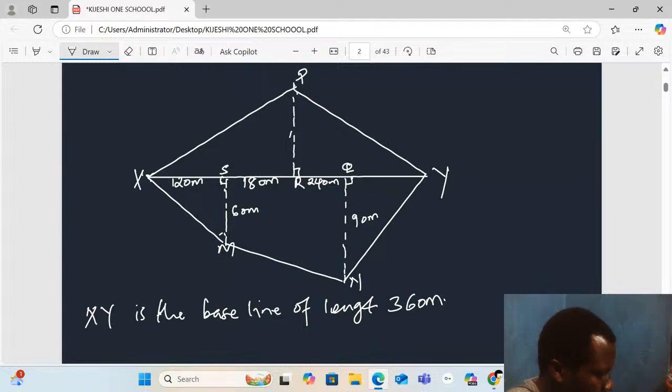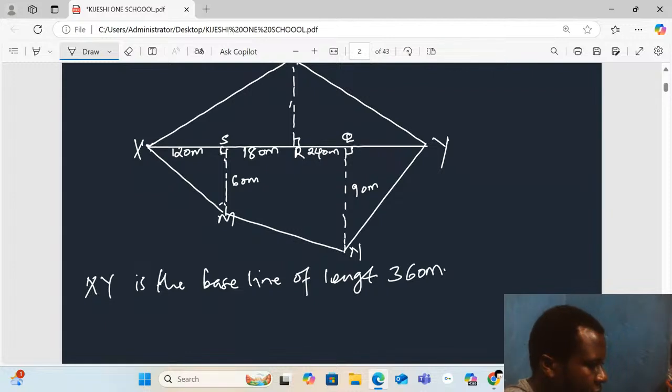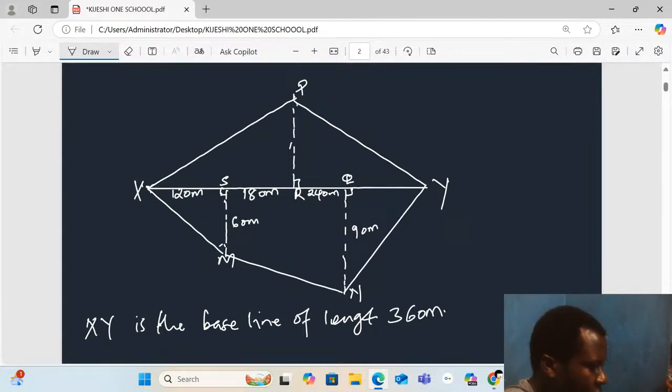Okay, now we can find the area of this irregular shape by calculating the area of each shape. As you've seen, we have 4 triangles and 1 trapezium.